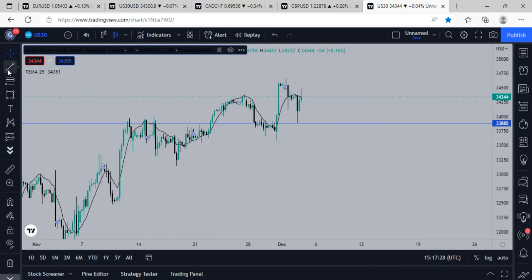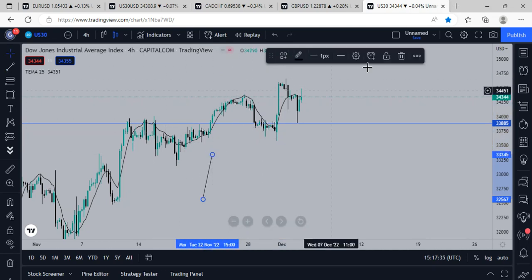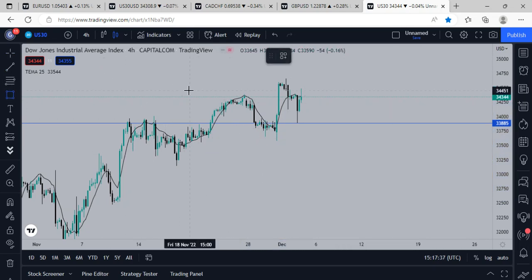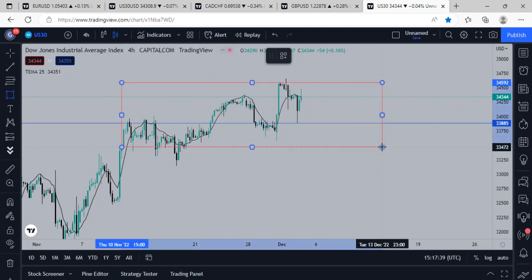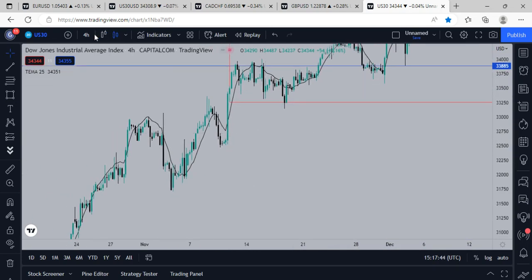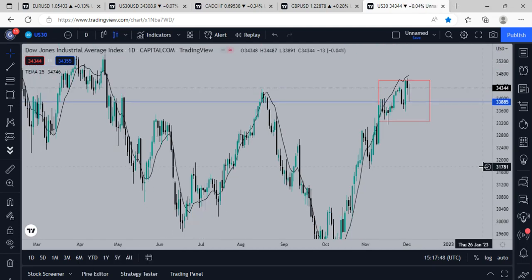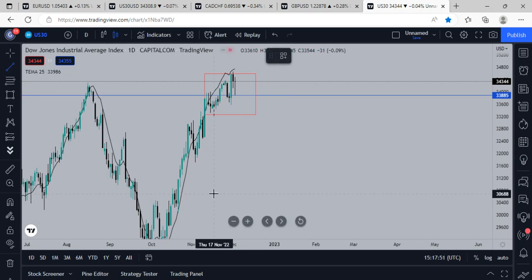So my main focus will be this area. Because what we have here, if I go to the higher time frame, this area here is our most recent higher high.